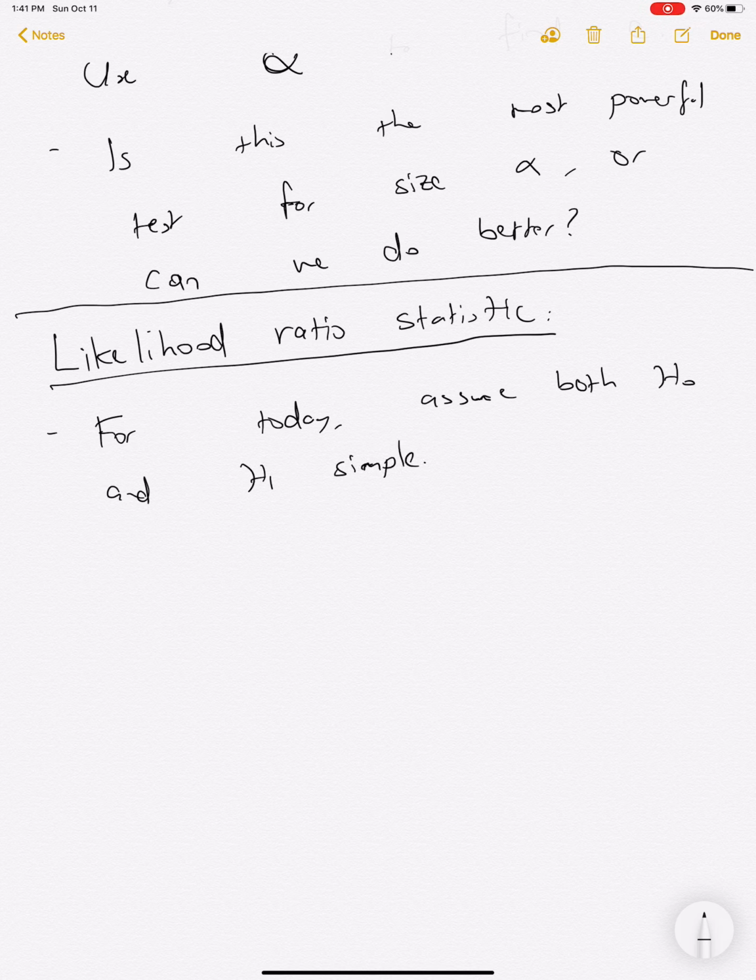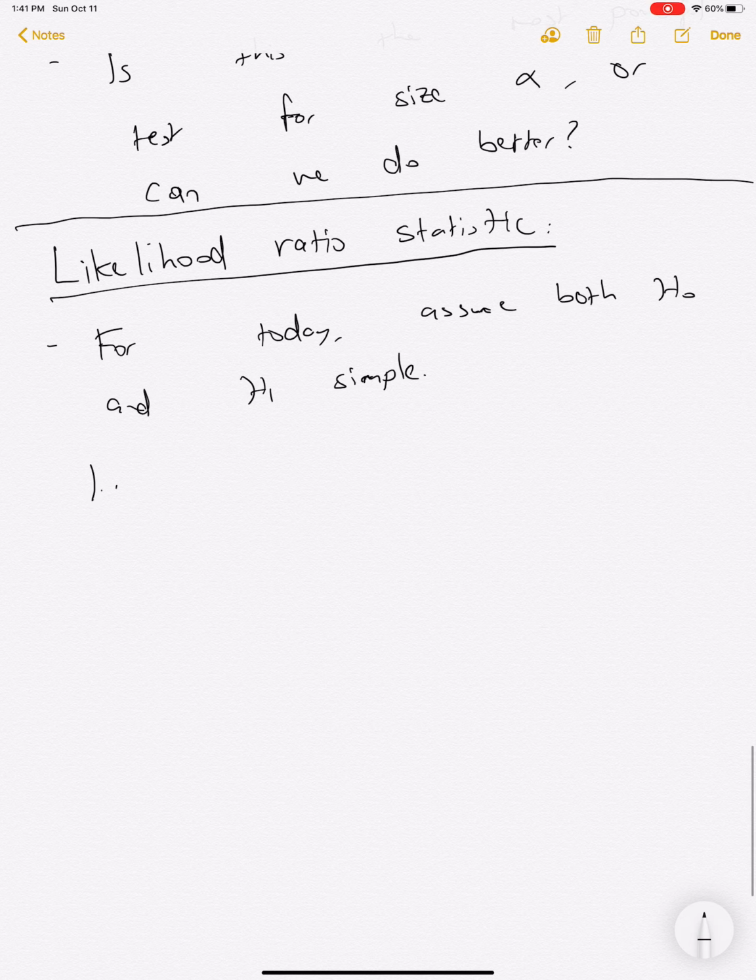For today, we're going to assume that both H0 and H1 are simple, so H0 is theta equals theta 0 and H1 is theta equals theta 1. The reason we're going to assume that is because that allows us to calculate the distribution of our test statistic under these two different models and these two different hypotheses.